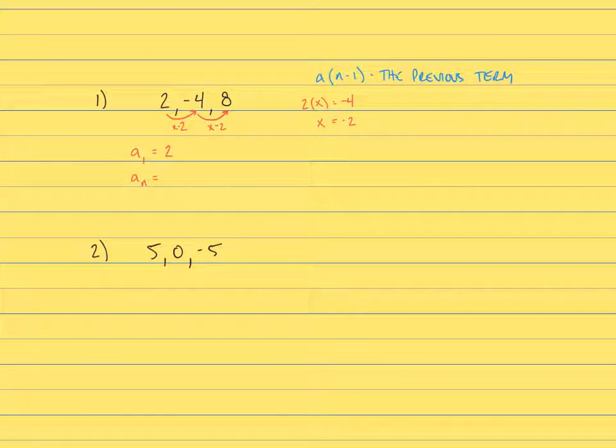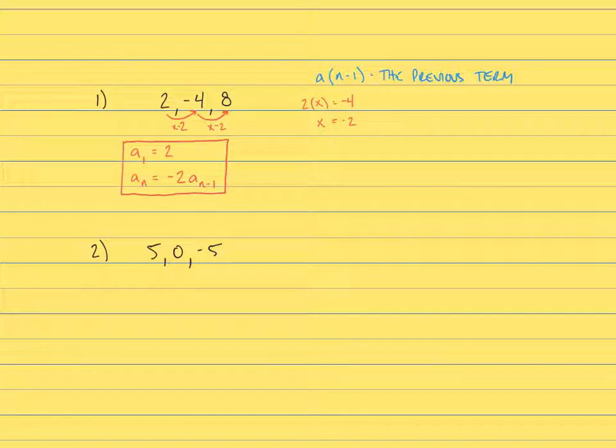All right, so it's going to be negative 2 times whatever the previous term is. And remember how we define the previous term, a of n minus 1. Okay, so I'm using subscript notation here, so a sub n minus 1. And this function gives us all the tools we need to find any term in this sequence.